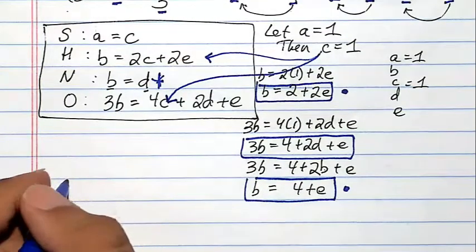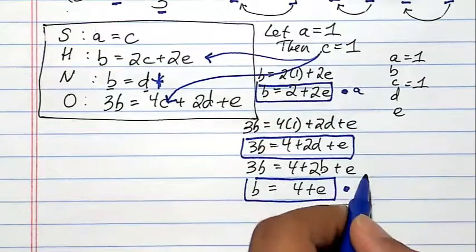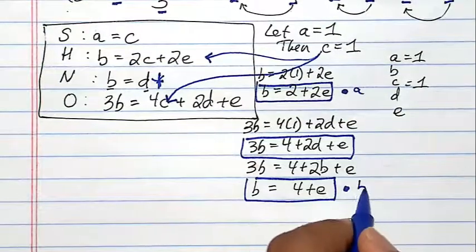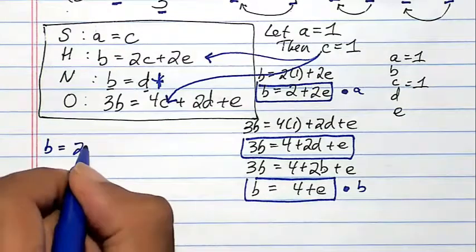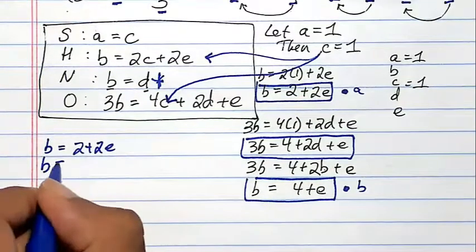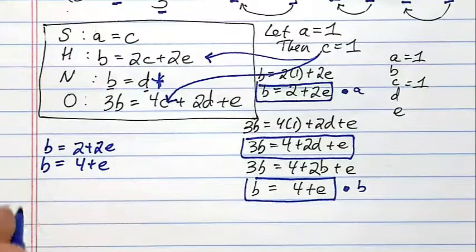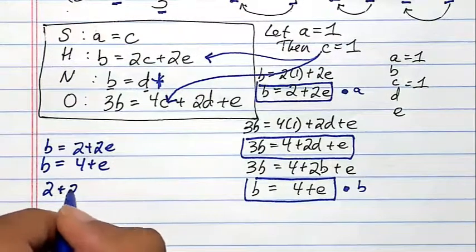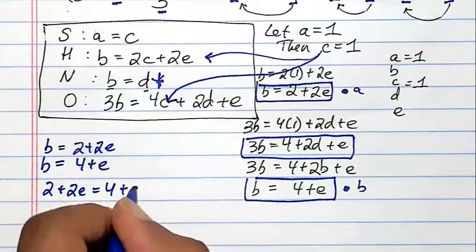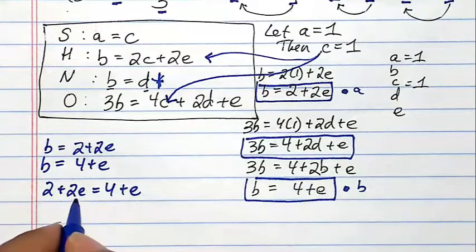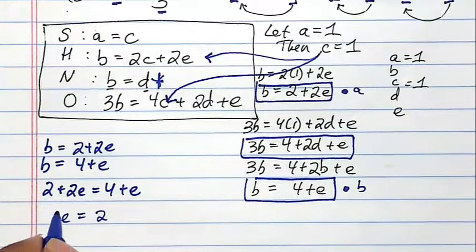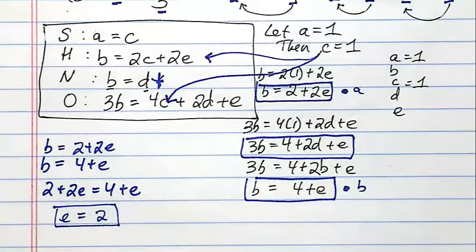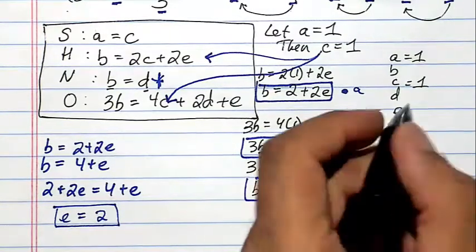So now if I equate equation A with equation B, I'll have B is equal to 2 plus 2E, B is equal to 4 plus E, so I'll set them equal to one another. 2 plus 2E equals 4 plus E. And I have 2E minus E is equal to E. 4 minus 2 is going to equal 2. Yes, I got E is equal to 2. Okay, so I solved one of them.